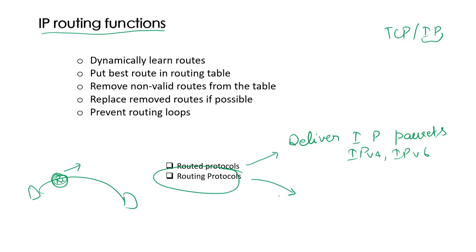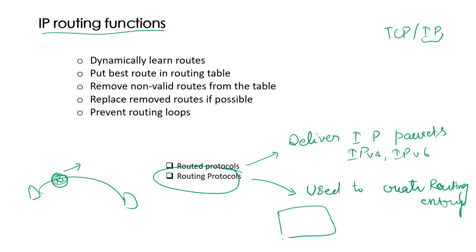So these routing protocols are used to create routing entries. Routing entry is the better word, because the table is created once, and based on different scenarios, entries get populated, deleted or added.